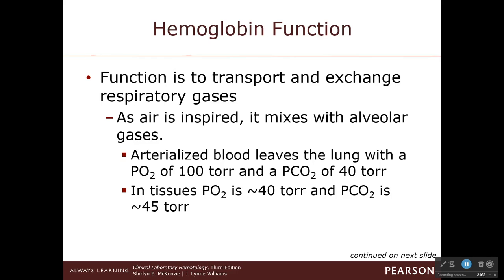So the first O2 is still in the tense state. When we add the second O2, it begins to relax. But by the time the third and fourth are added, we're in that relaxed state. Why is that important for us?